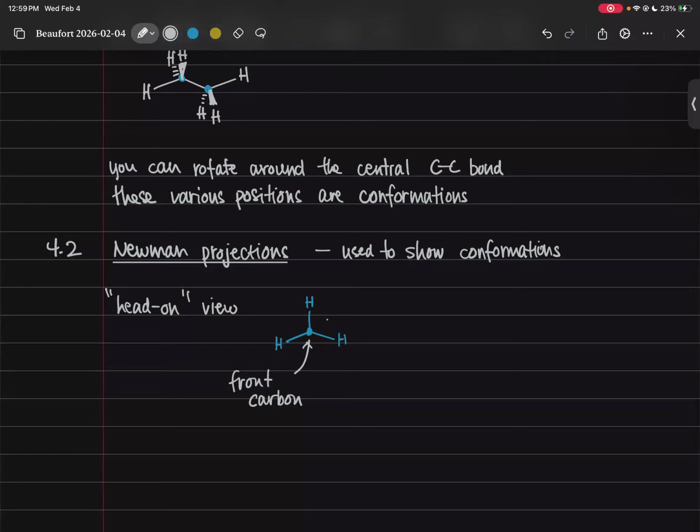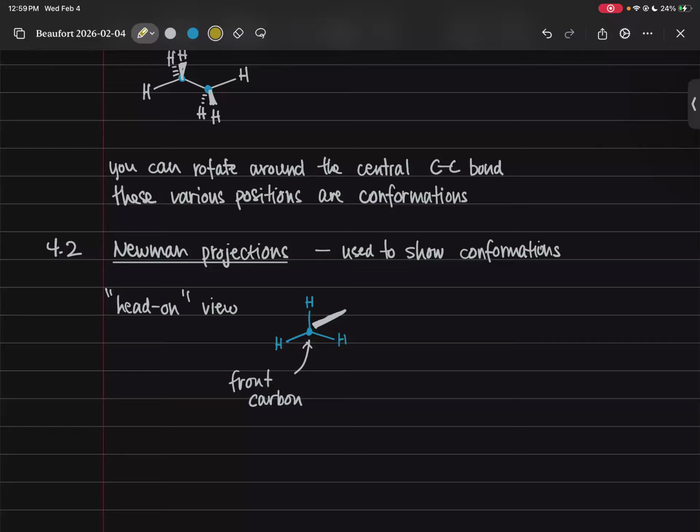That's going to be our carbon-carbon bond going backwards. So I suppose really we should make it into a wedge, kind of an ugly wedge, showing that the front carbon is coming toward us.